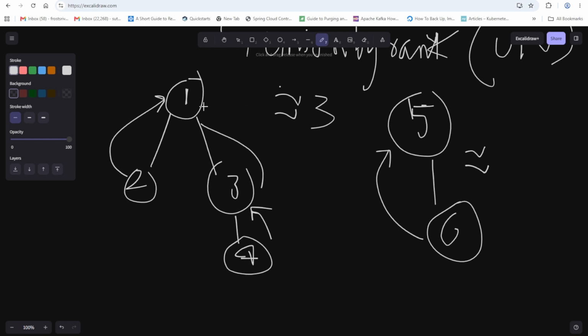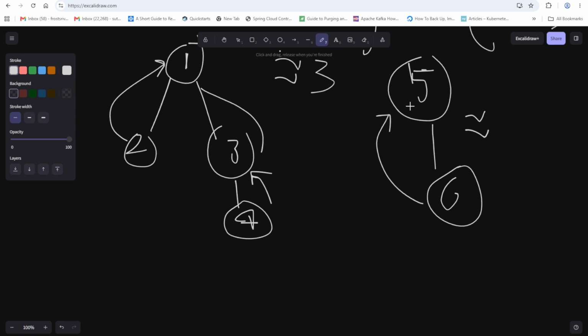Here the rank of this graph is 1 and the rank of this graph is almost 2. So if we union both graphs, we will always attach the smaller graph under the larger graph. If we attach this graph to this graph, it will be attached something like this.